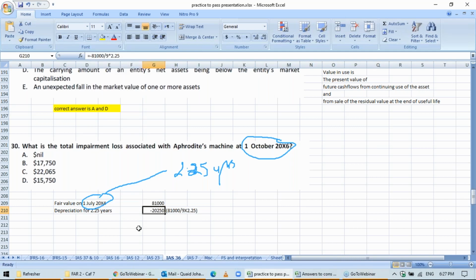Now, this carrying value you are watching on the screen is on 1st of October 20X6. Now we will calculate the recoverable amount.